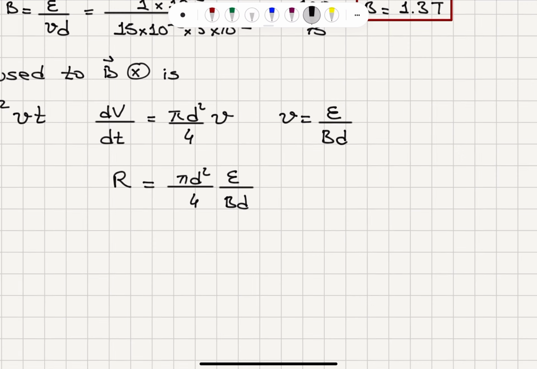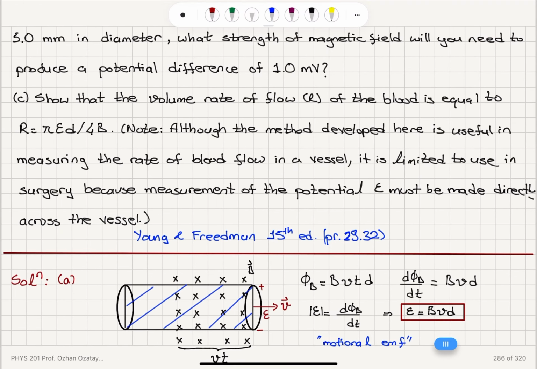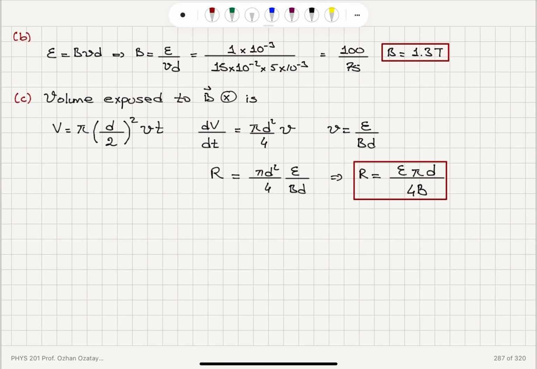So therefore, we find that the volume flow rate is equal to the measured induced EMF times pi times the diameter of the vessel divided by 4 times the applied magnetic field magnitude. So as suggested, this is a method to measure the rate of blood flow in a vessel, but only in a surgery because EMF has to be measured directly.